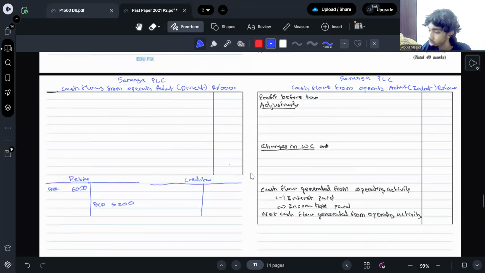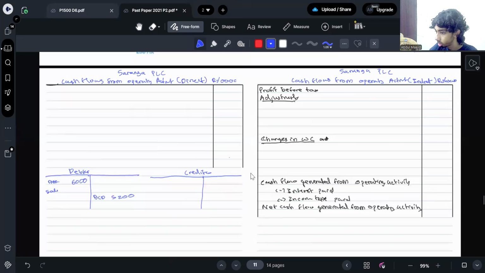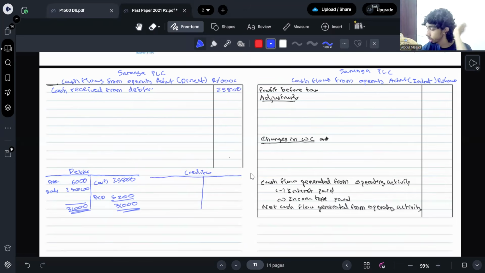So this sales 25,000 you can take here. Then you can balance and find how much is the cash received from debtor. 31,000 minus 5,200, that is 25,800. So you can say cash received from debtor 25,800.